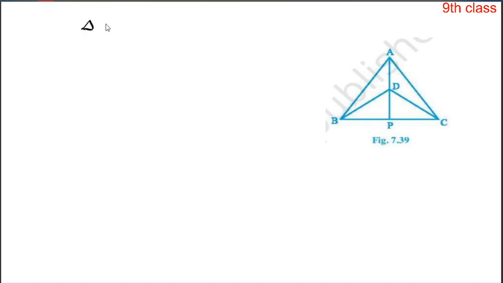Triangle ABP is congruent to triangle ACP.